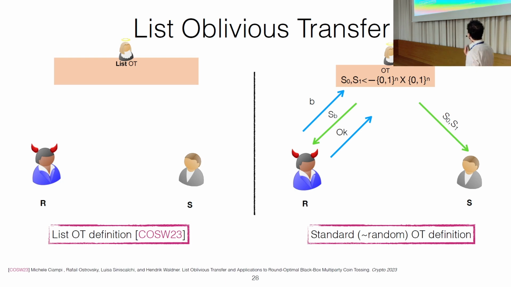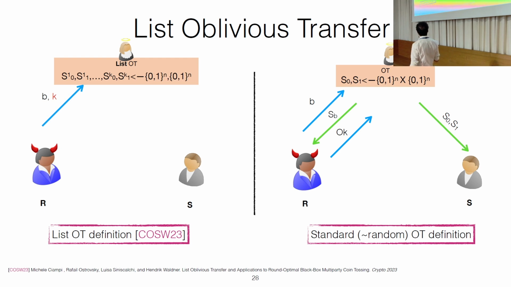What you propose is a different thing, which is a list OT functionality, where the receiver doesn't get only one possibility. The ideal functionality samples multiple pairs. The receiver says, okay, I want the bth element of all these pairs. And then the receiver says, okay, now I like the ith pair.